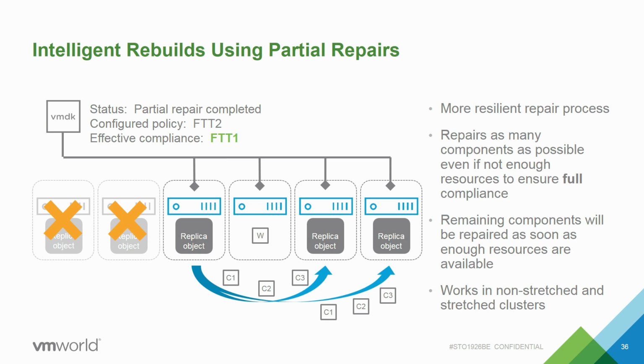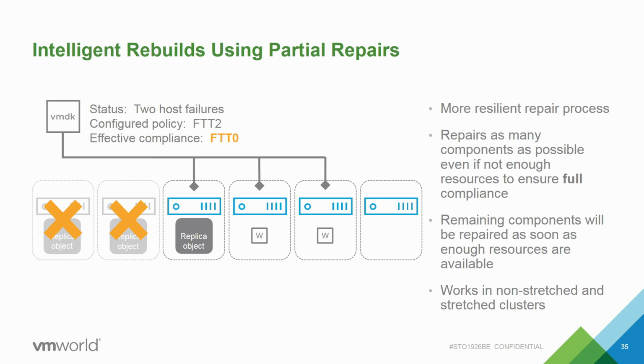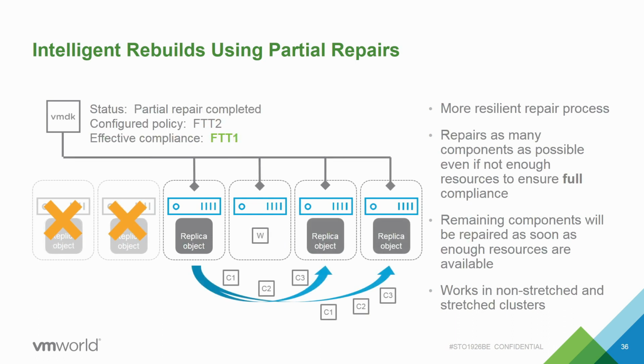Now, you might look at that and think, well, wait a minute, we have 3 replicas. How come that isn't an FTT of 2? Well, it's because you only have 1 witness component. And if you note from the slide before, I'll back up here, you'll notice that the replica object actually replaced that 1 witness component. That's because we give full priority to the data itself, the copies of data, before the witness component.